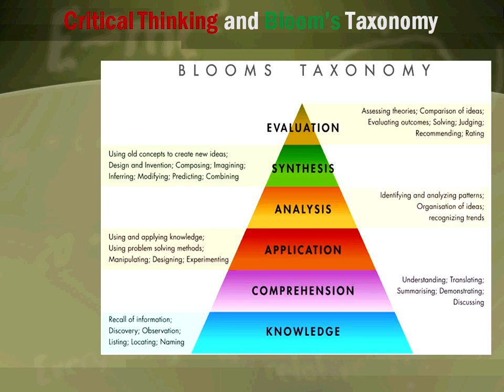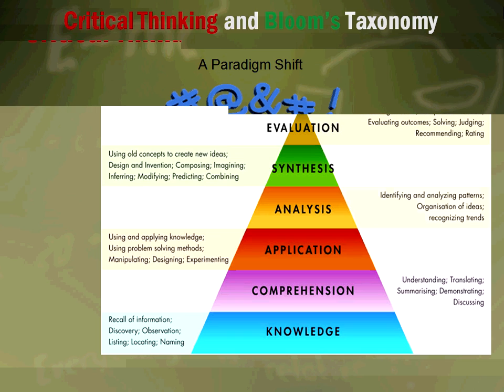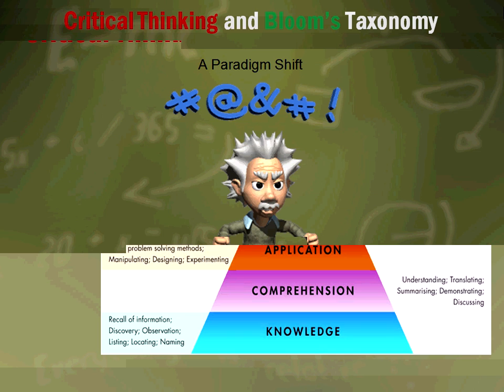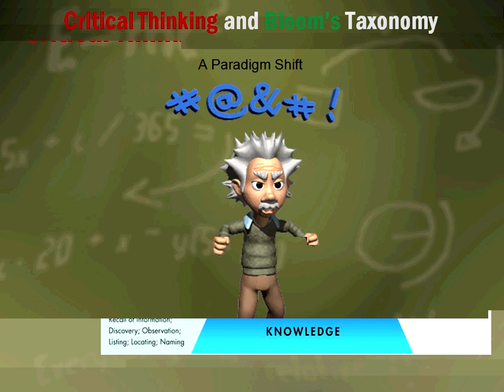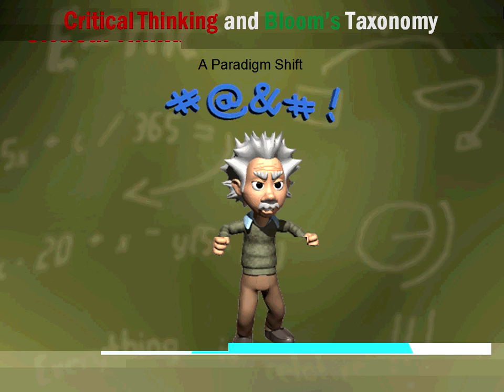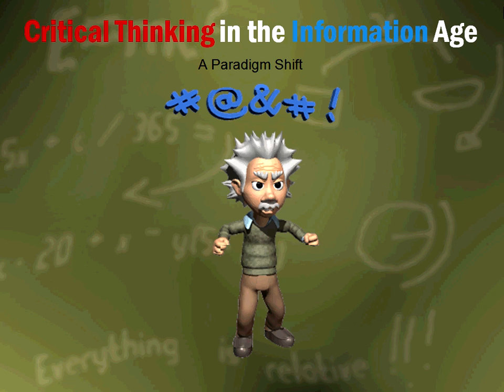Now, basically what this little cartoon is about is critical thinking in the information age. I think it was Albert Einstein that once said, why bother to remember something if it's written down somewhere? All you have to do is remember where it's written. And that's what it is here in the information age.